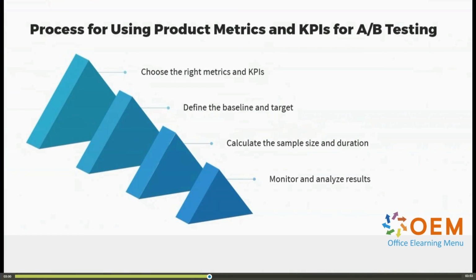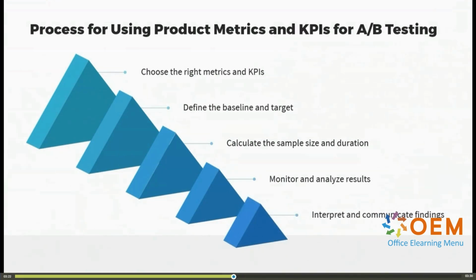Next, monitor and analyze your results. Track the metrics and KPIs during the test period and compare them between the control and treatment groups. You can use statistical tests to determine if the difference between the groups is significant or not. You should also look for any unexpected or adverse effects of your tests on metrics like user satisfaction, churn, or bugs. Finally, interpret and communicate your findings.